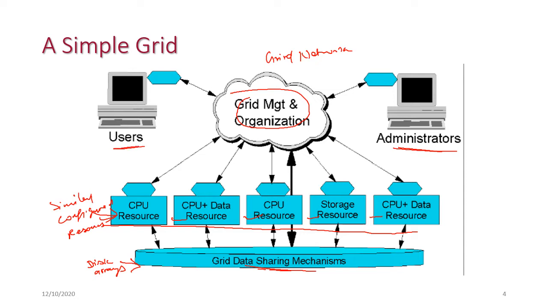Grid users are there, and grid users will be connected through the internet. Through the internet, the grid users can access these resources, and all this control will be taken care of by this administrator only.